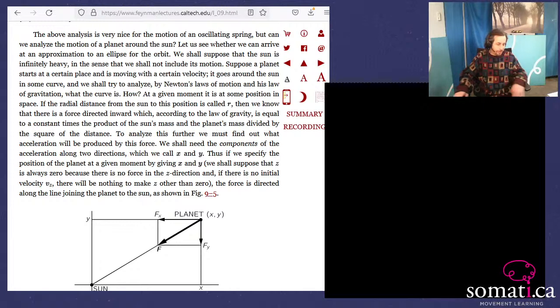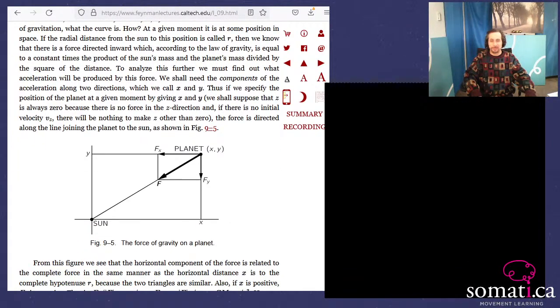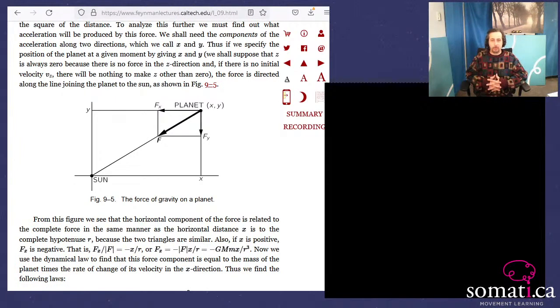All right, time to work in 2 dimensions. So we're going to approximate the sun as infinitely massive or fixed. It's not moving, and the planet's being pulled towards it.